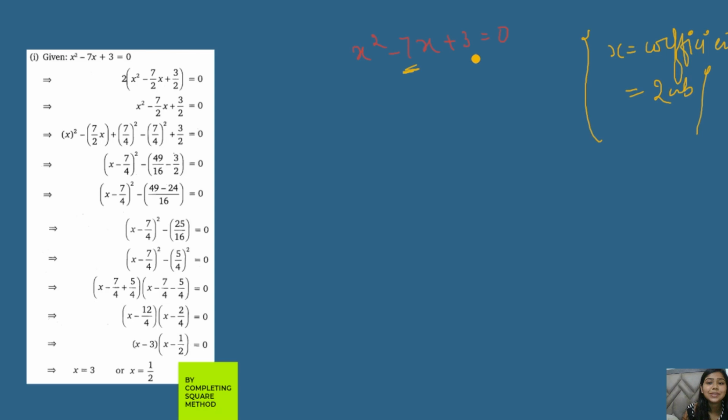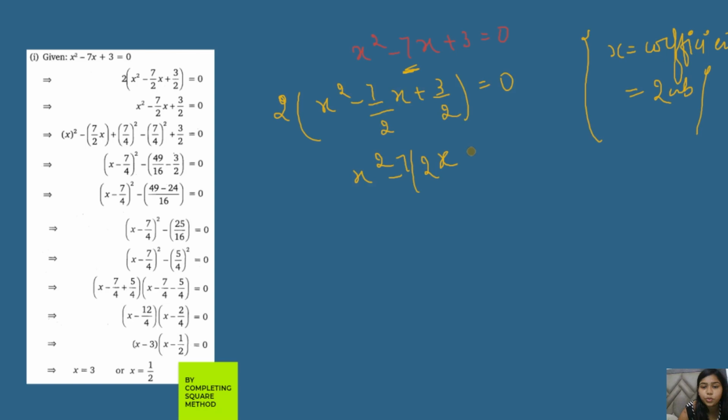You can't say that whenever you multiply anything with 2 you will get 7 as the answer, because 7 is an odd number. So what we'll do is we'll just multiply the whole equation and divide the whole equation, like this. When we divide, we will be getting this, and the equation after this will be transferred there, and we will be getting this equation, right?